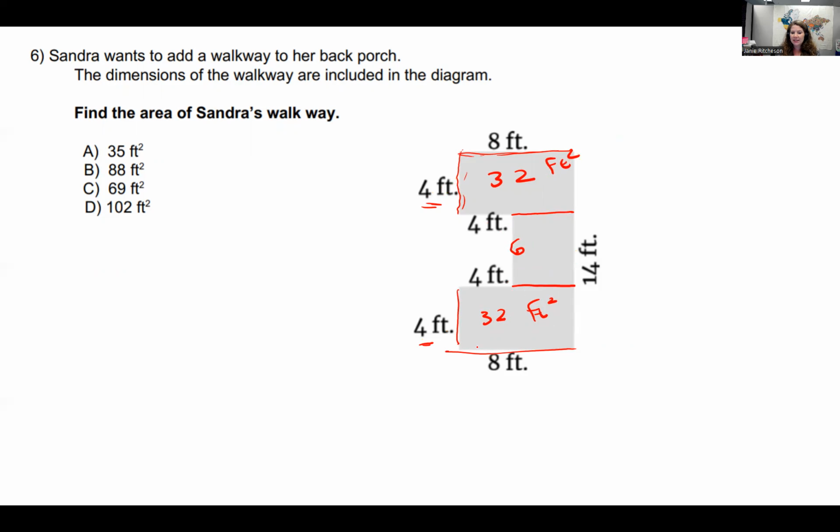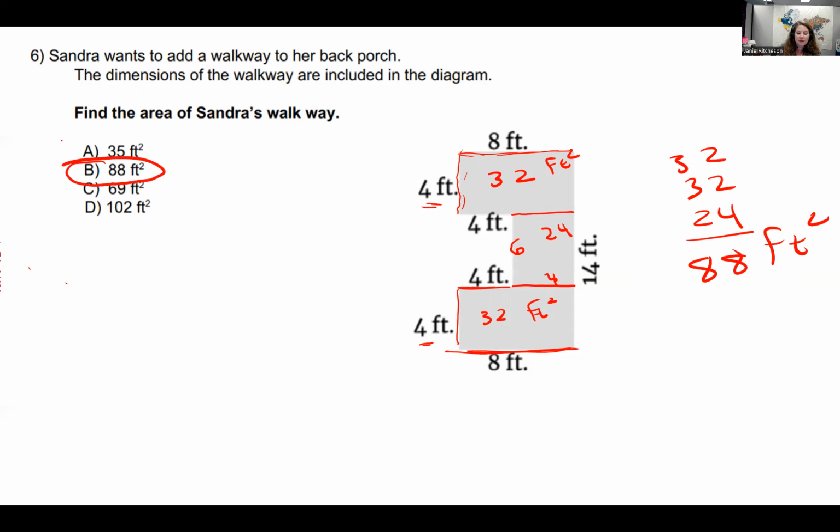And then this whole thing is 8. If this section is 4, this section has to be 4. So 6 times 4 is 24. The last thing we do is add 32 and 24, which is 88 feet squared. And even if you divided it the other way, you would have also got 88.